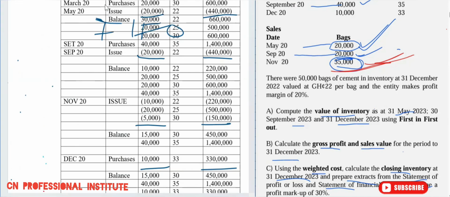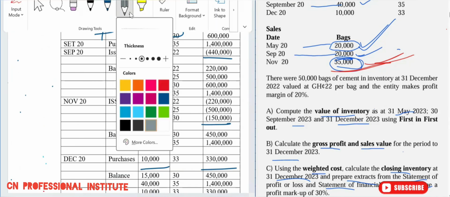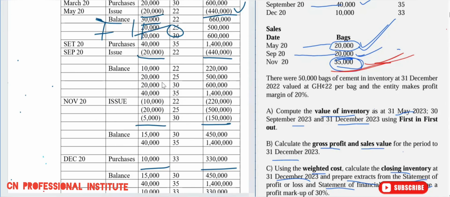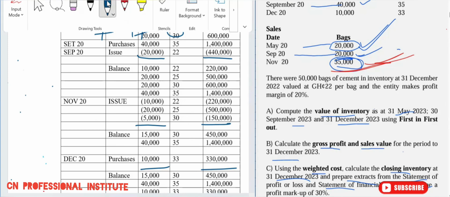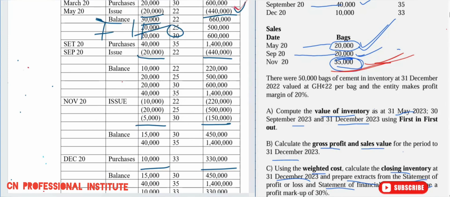There's one here, 410. So there's one here, we have 440,000, right? Then where's another issue? Another 440,000.